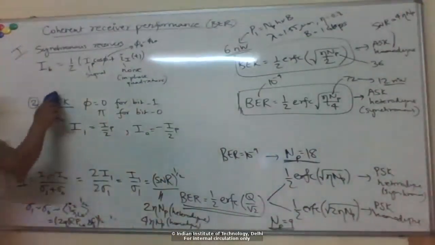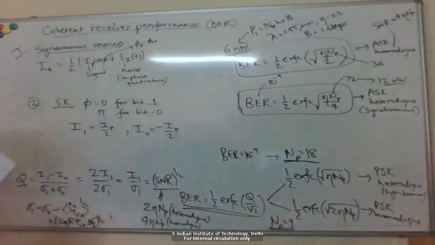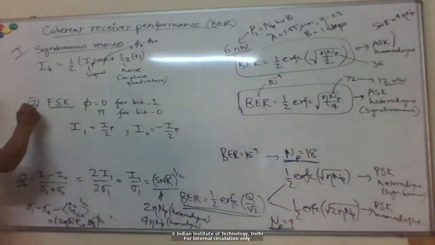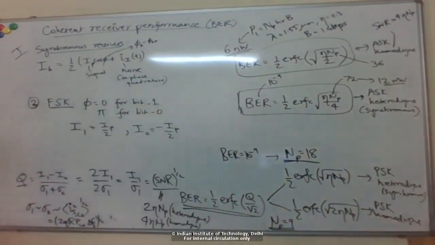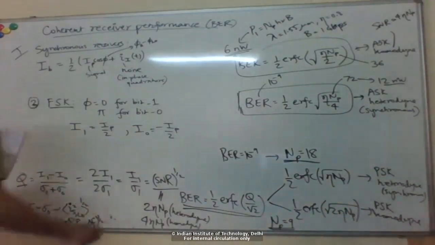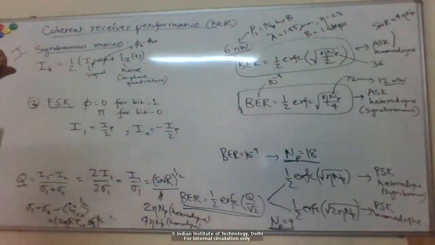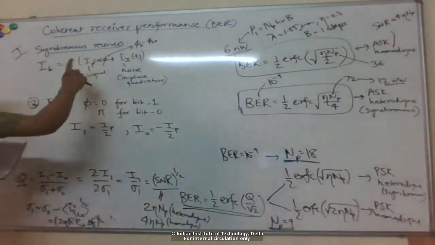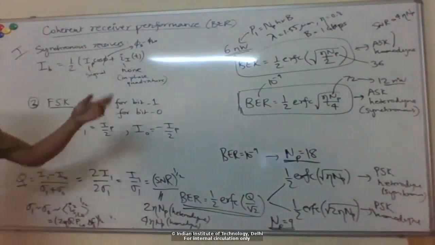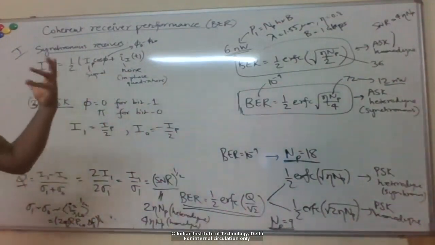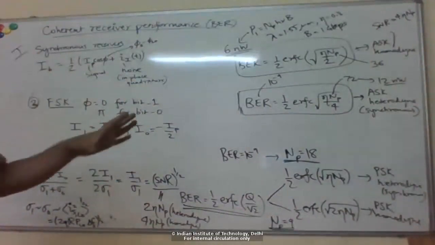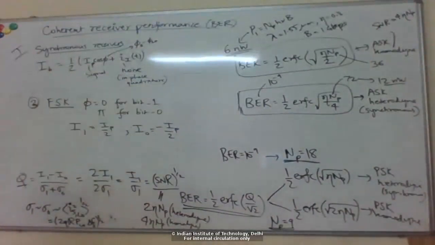Okay, and then we have FSK, which is frequency shift keying. Here the signal is encoded in the frequency. Remember, the frequency came in before, when we had an intermediate frequency, and then we converted it to baseband and had a low pass filter.